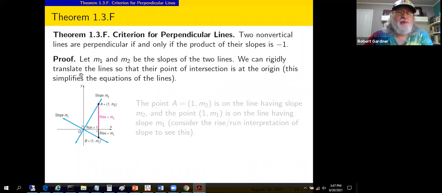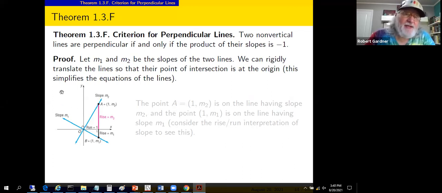We can rigidly translate the lines so that their point of intersection is at the origin. We're doing this to simplify some of the computations we're going to do. So in other words, somewhere out there, you've got these two lines that intersect. Shift things so that that point of intersection occurs at the origin. Don't rotate things, just translate left and right or up and down.